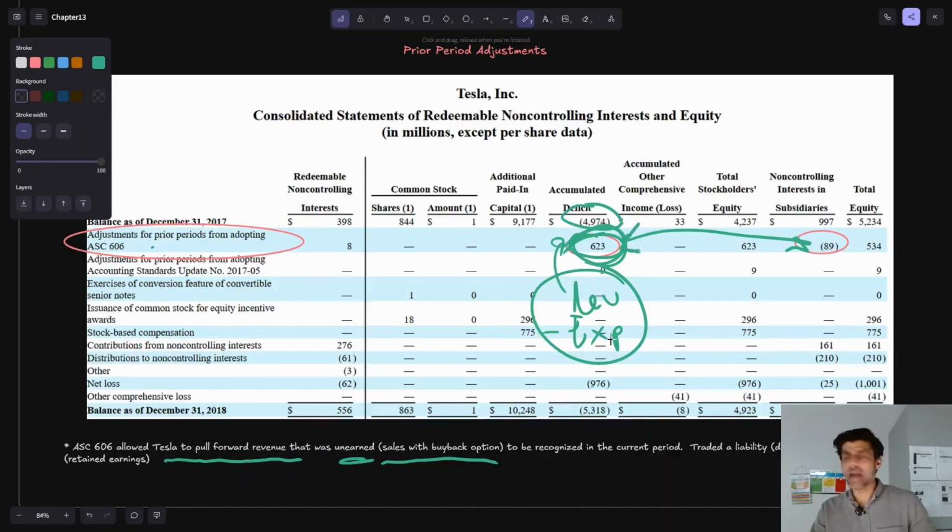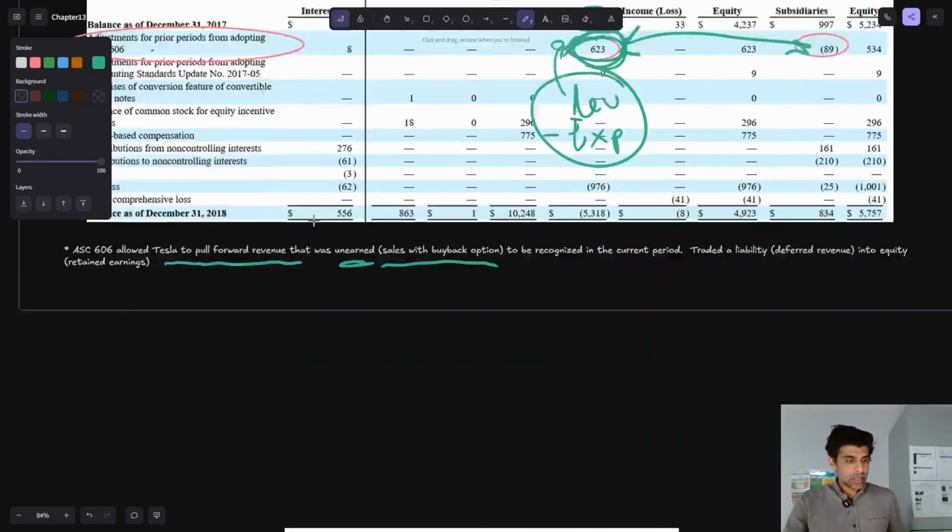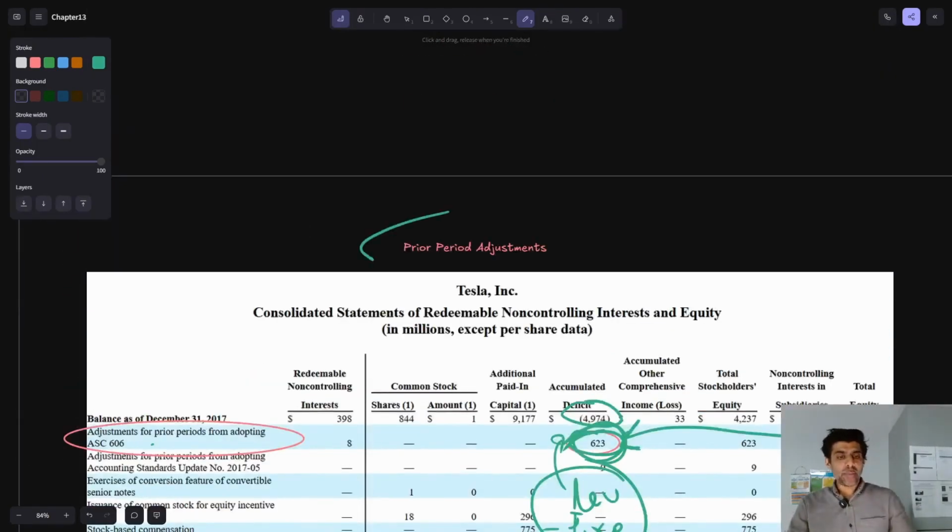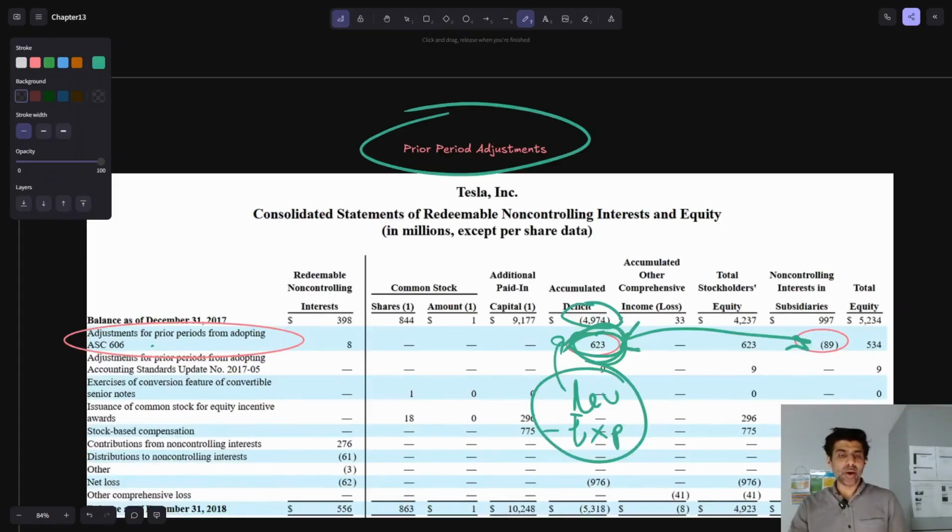How they got this number, we'd have to dig into more detail, and maybe we wouldn't know enough from just the disclosures. So you're kind of trusting the accountants and the auditors to make sure that this number is correct. But in general, these prior period adjustments are just going to be shown on this statement of equity, basically.